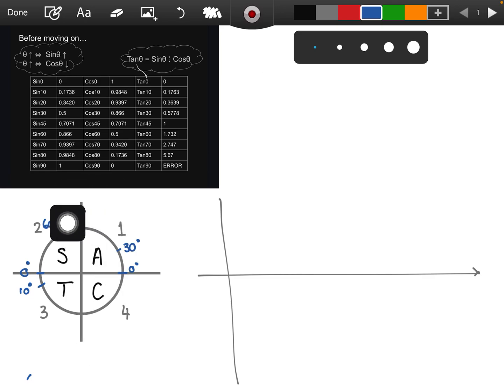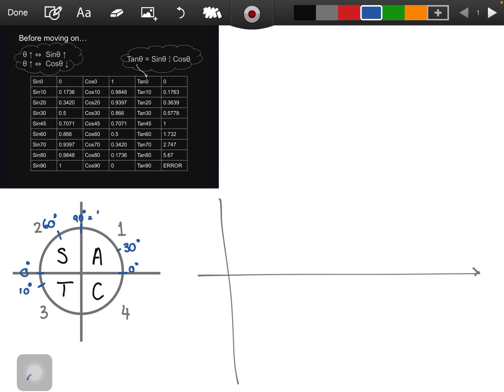It's going to be the exact same, but remember, 90 degrees is pi over 2, and 180 degrees is pi. And then we've got 3 over 2 pi, and then we're back up here to 0 again.